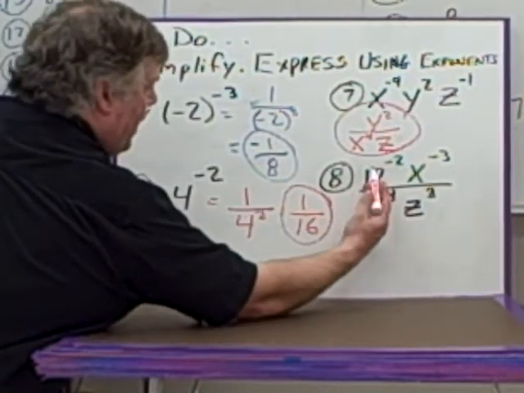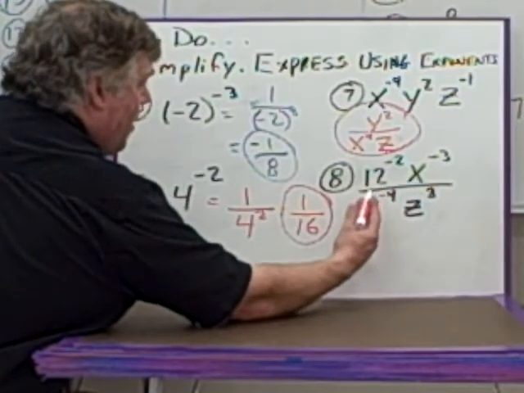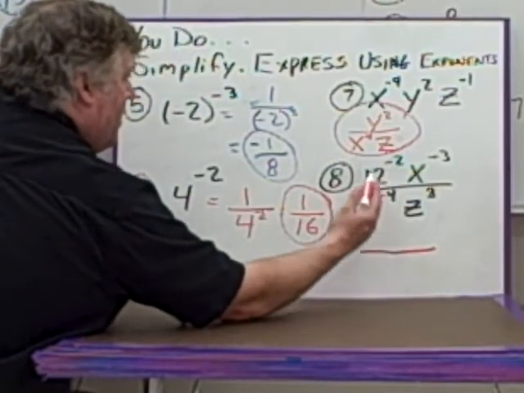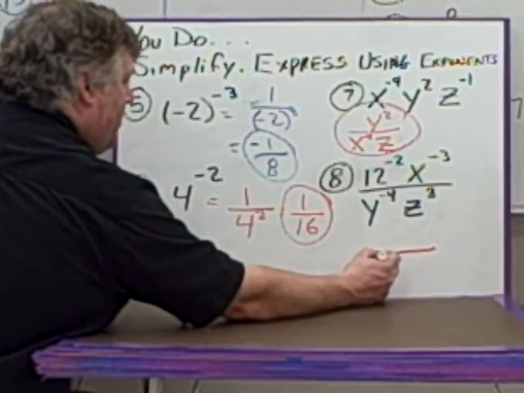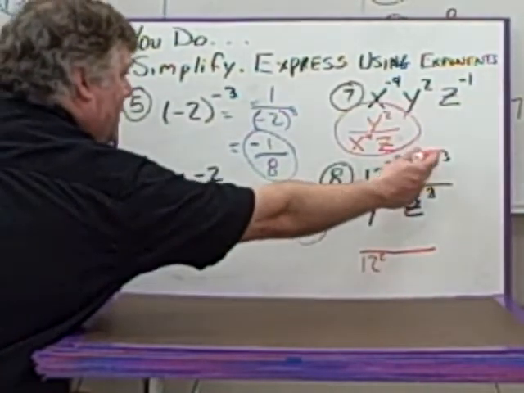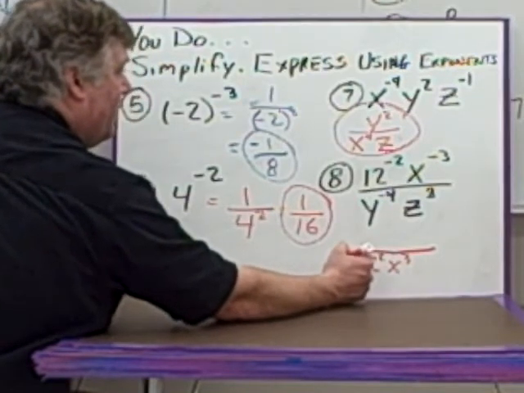Now on this one, I do have a 12, so I'm going to have to simplify that to a number there. But first, I have to remember I'm going to be making a fraction. The 12 is going to move to the bottom in order to get that exponent positive. The x is going to have to move to the bottom to become positive.